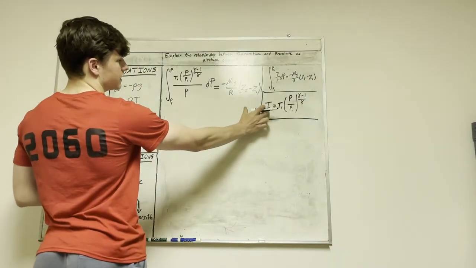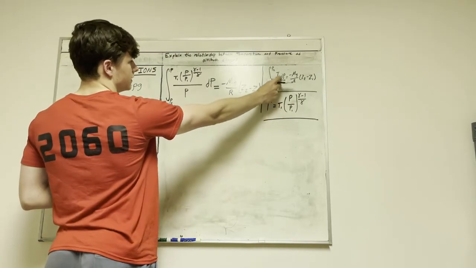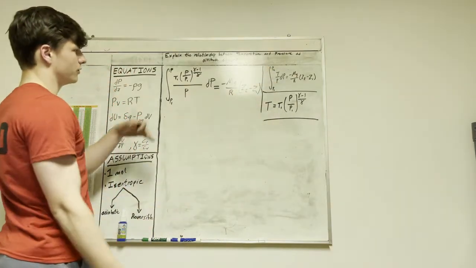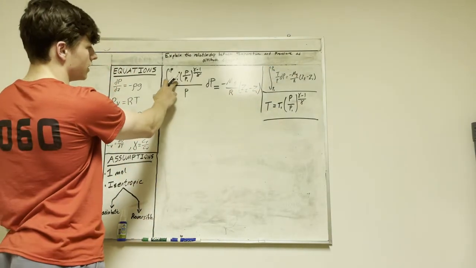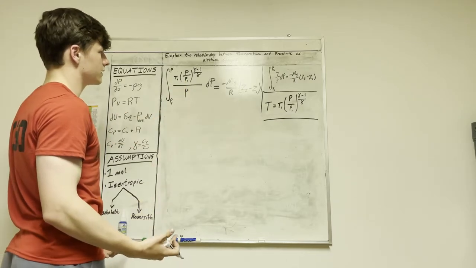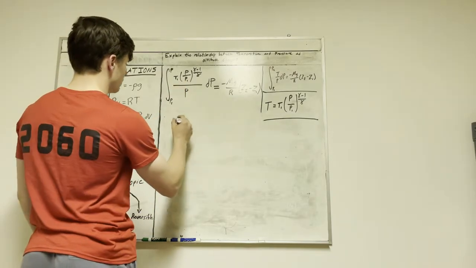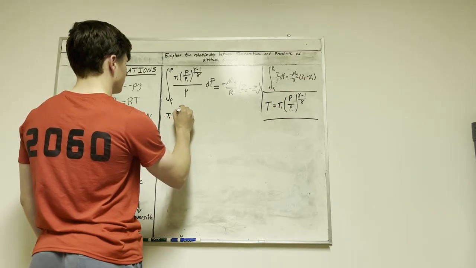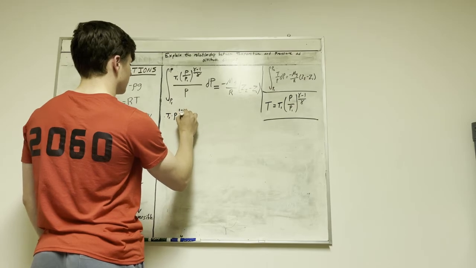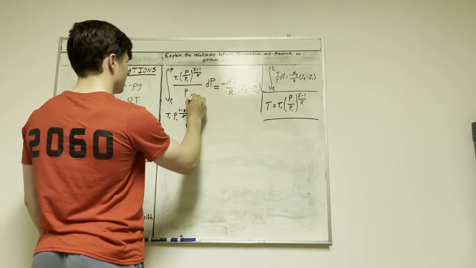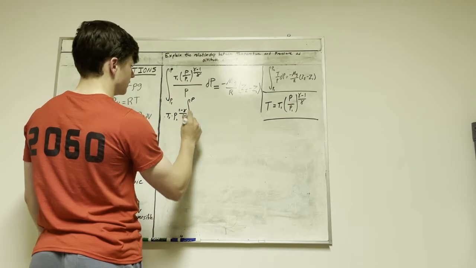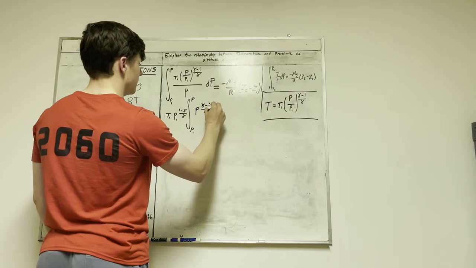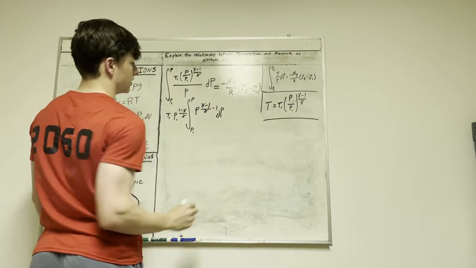Now that we have both this final temperature equation and this initial equation that we first got, we can plug this into that and integrate. But before we integrate, we want to pull out T1 and P1 because they're known constants in this scenario. So when doing that, we'll get T1 times P1 to the 1 minus gamma over gamma times the integral from the initial pressure to the final of P to the gamma minus 1 over gamma minus 1 with respect to pressure.